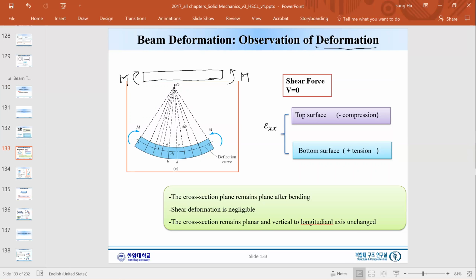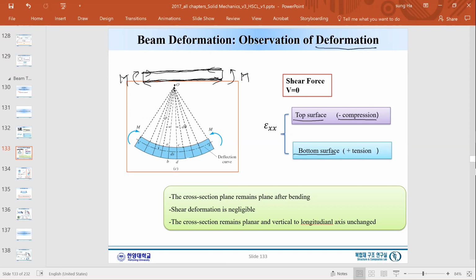Then pay attention to the top and bottom surfaces. It's clear that the top surface will be under compression, and the bottom surface is simply subject to tension. So this will be the tension, and this will be the compression. So the real shape will be like that.